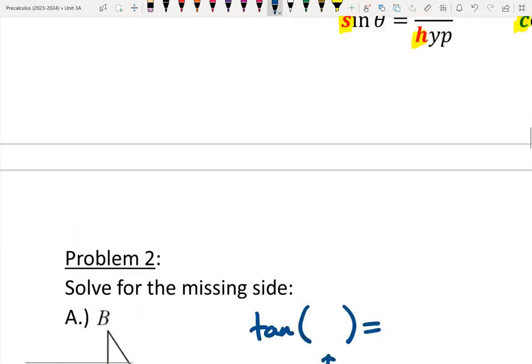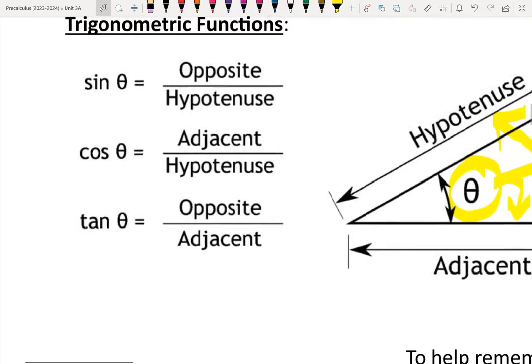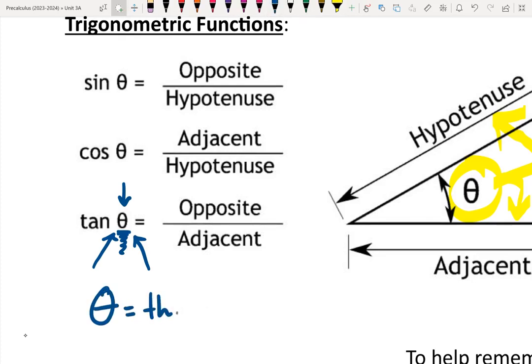Well, let's go back. Tangent of, does anybody know what this is? Not 0, that's a little line. It is the angle. This represents the Greek letter theta.